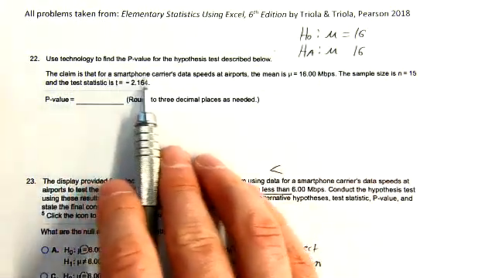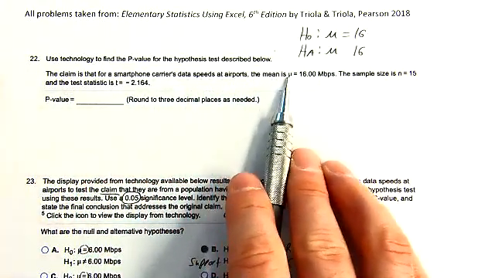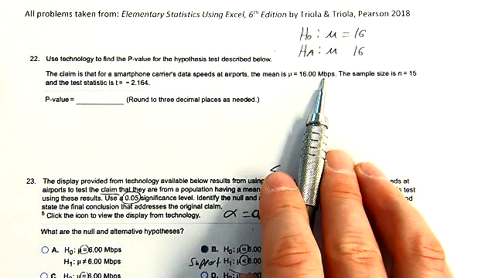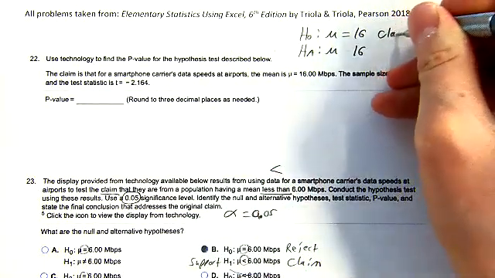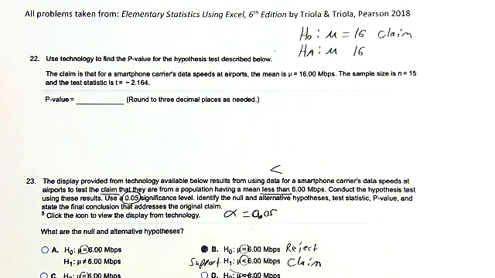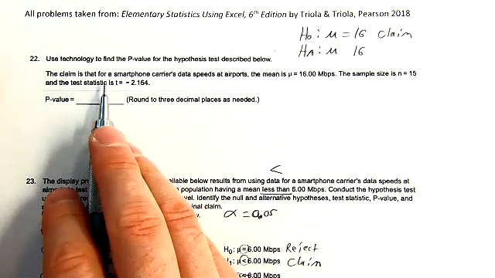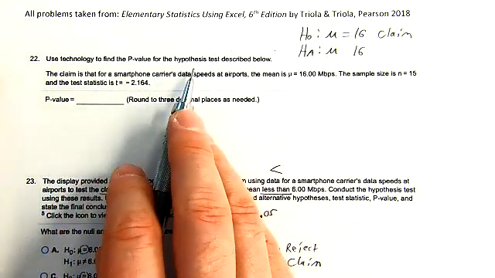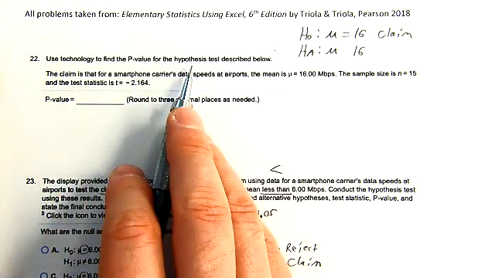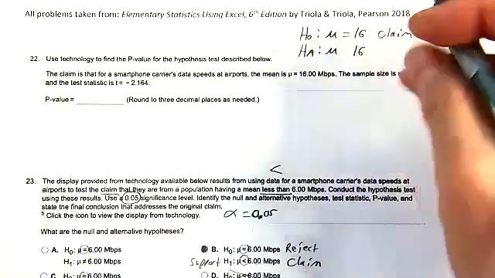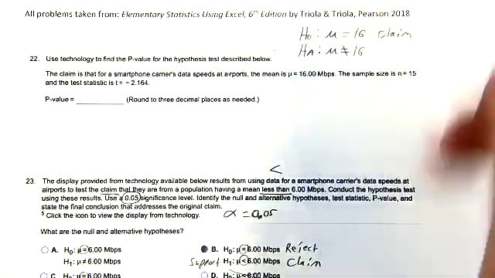The claim is for smartphone carriers' data speeds at airports, the mean is 16 megabits per second. So their claim lines up with the null hypothesis. Now notice there are no words in there that say greater than or less than, more, fewer. So if there are no words like that, then the symbol we use here is not equal to.